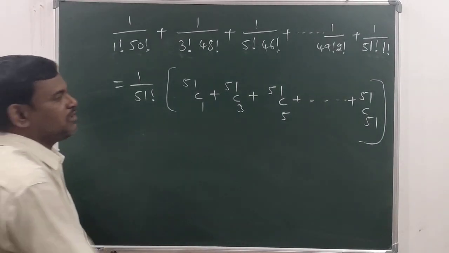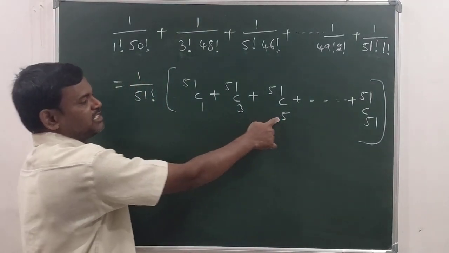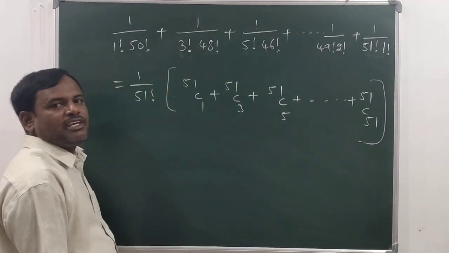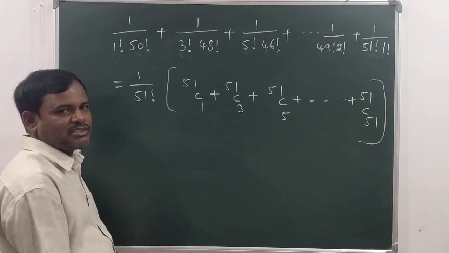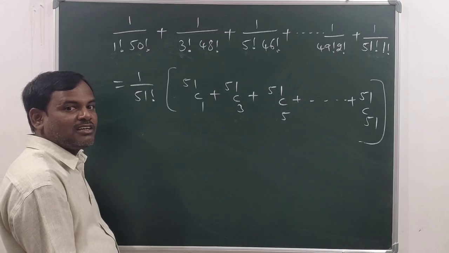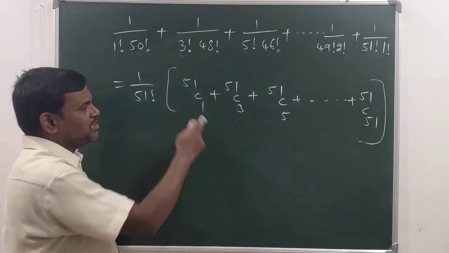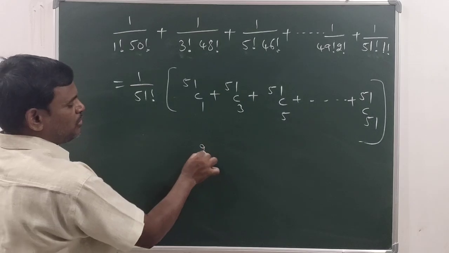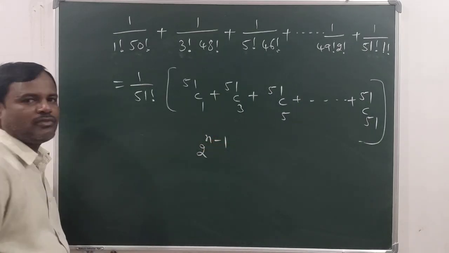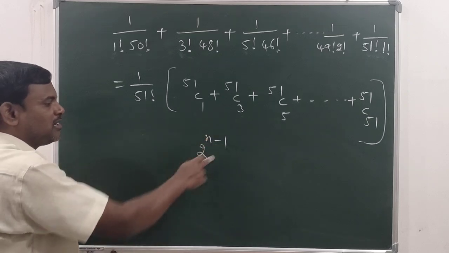Sum of coefficients of even terms. What are C1, C3, C5 and so on, Cn? These are the coefficients of even terms in the binomial expansion. C0, C2, C4, C6, C8 are the coefficients of odd terms. But these are coefficients of even terms, whose sum is 2 power n minus 1, as you have read while learning the concept.